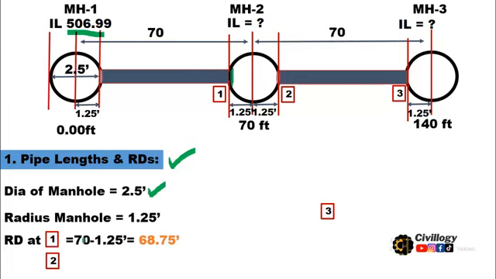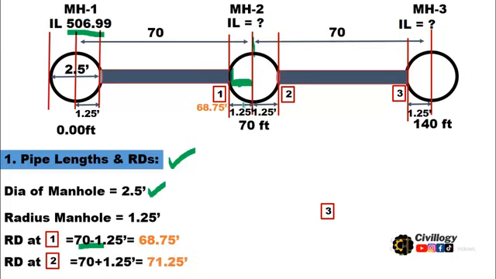It will be equal to 70 minus 1.25, as the total distance is 70 from the center of this manhole to the center of this manhole, and the radius is 1.25. So this distance will be deducted. We will get the RD of this point, which is 68.75.